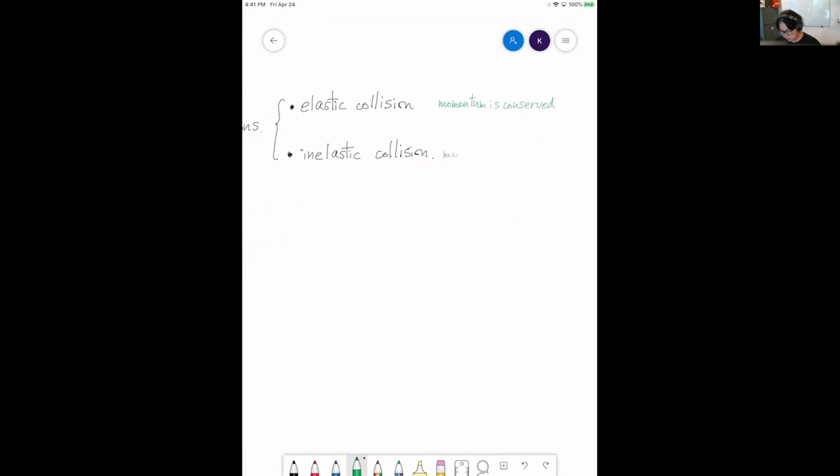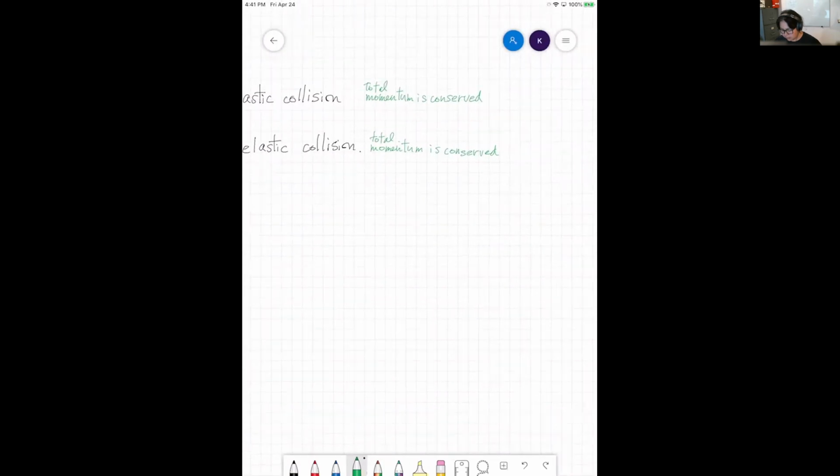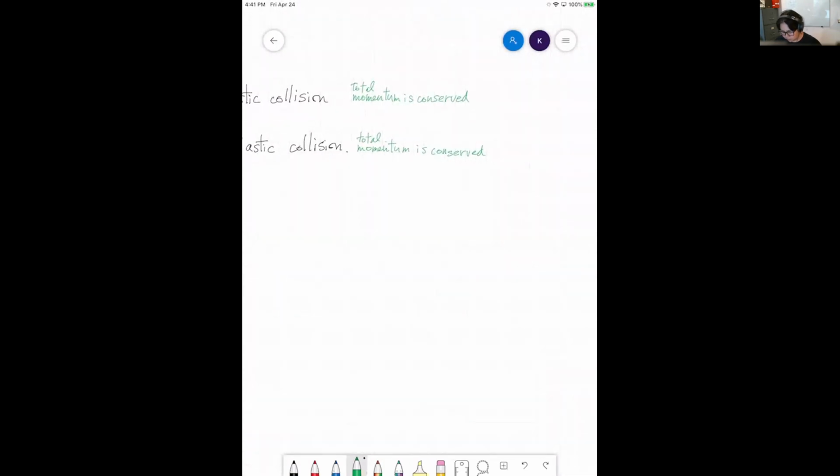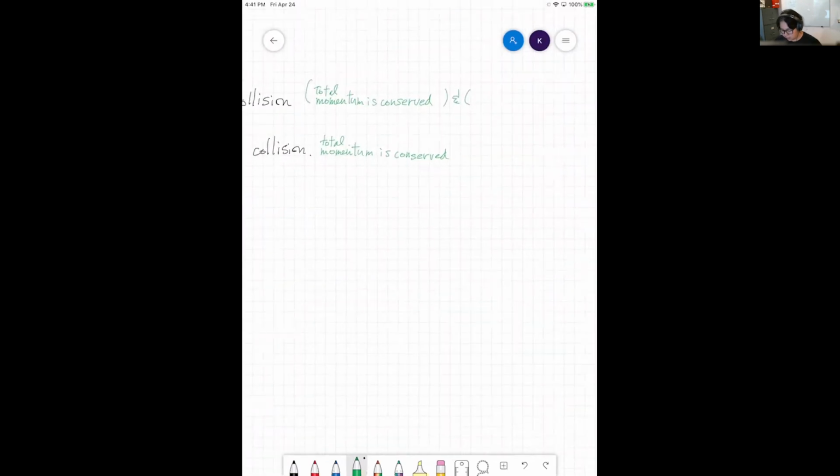Both of them, momentum. But in the case of elastic collision, what's special is energy.